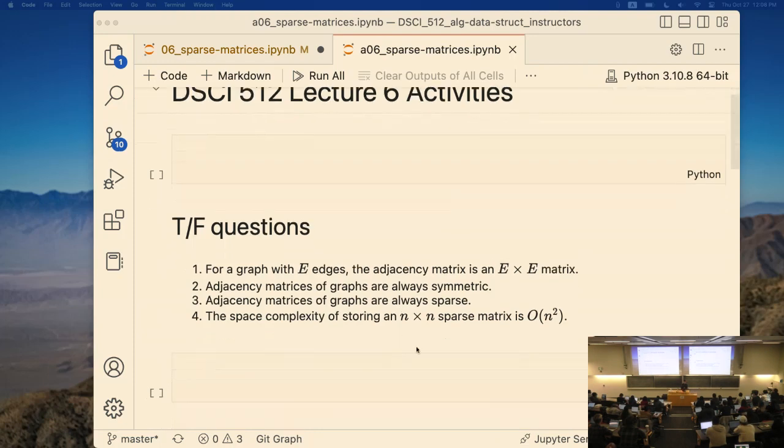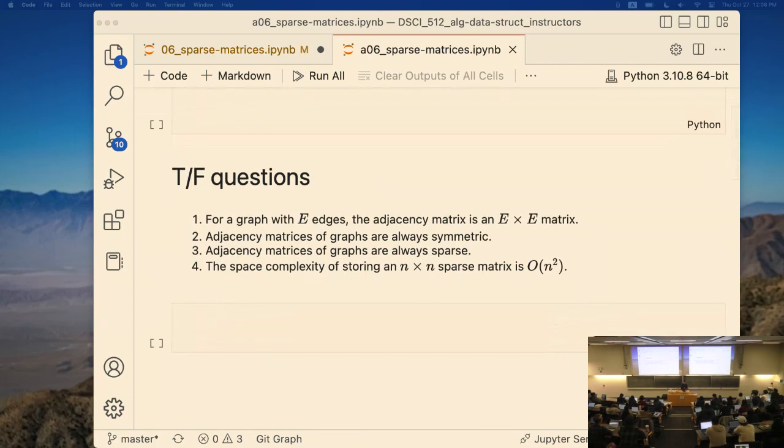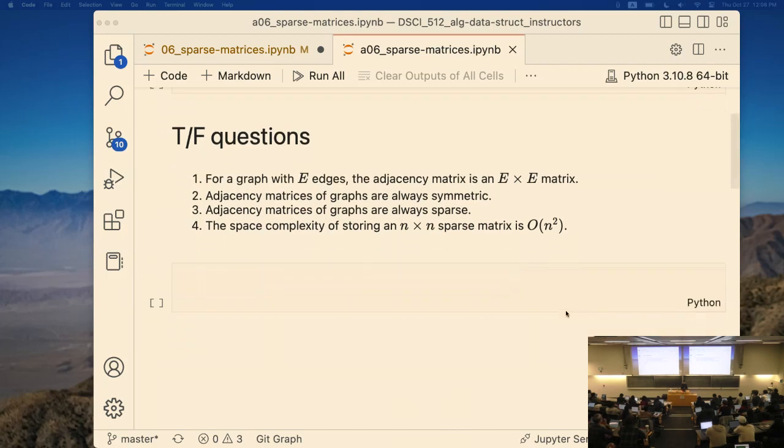Okay, the space complexity of storing an n by n sparse matrix is O(n squared). That would be false, because if it was O(n squared), then what was the point of doing that?